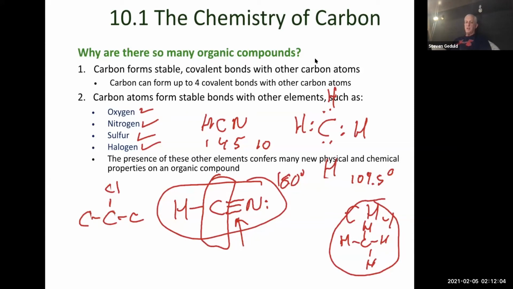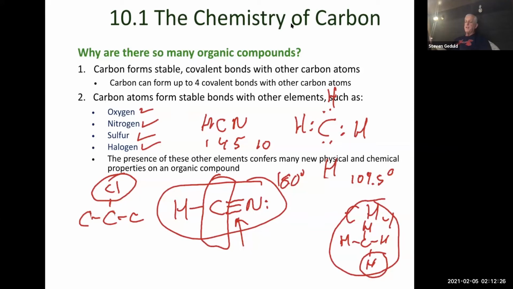Nitrogen can do the same thing. But hydrogen and halogens are terminal. Once they reach that, they stop the bonds. You only have one bond attached to your halogen. So that's a terminal group. Same with the hydrogen. Once you reach hydrogen, it cannot have any more bonds to it.